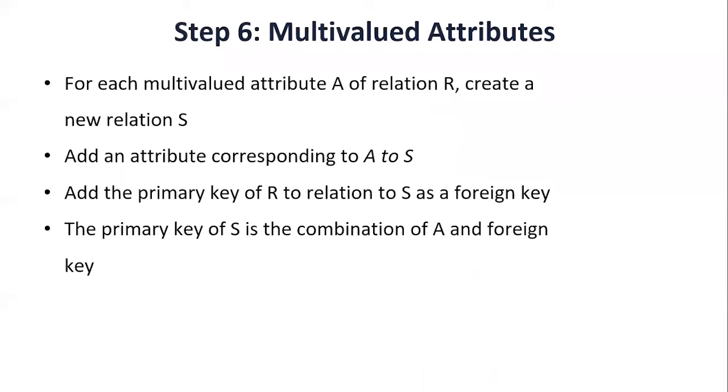So now in step 6, for each multivalued attribute A of relation R, create a new relation S. So if we have an attribute A, which is a multivalued attribute, we have to create a new relation S and add that corresponding attribute to S. And also add the primary key of the relation that A belongs to, let's say R, to the relation S as a foreign key.